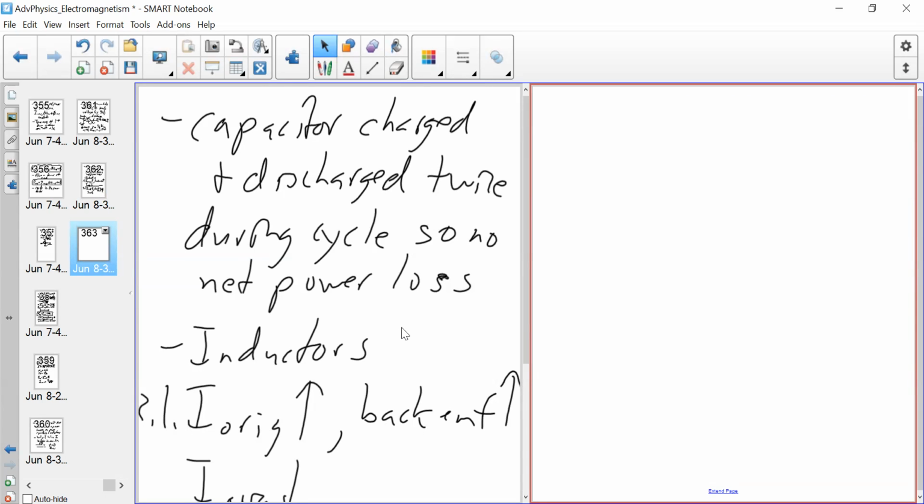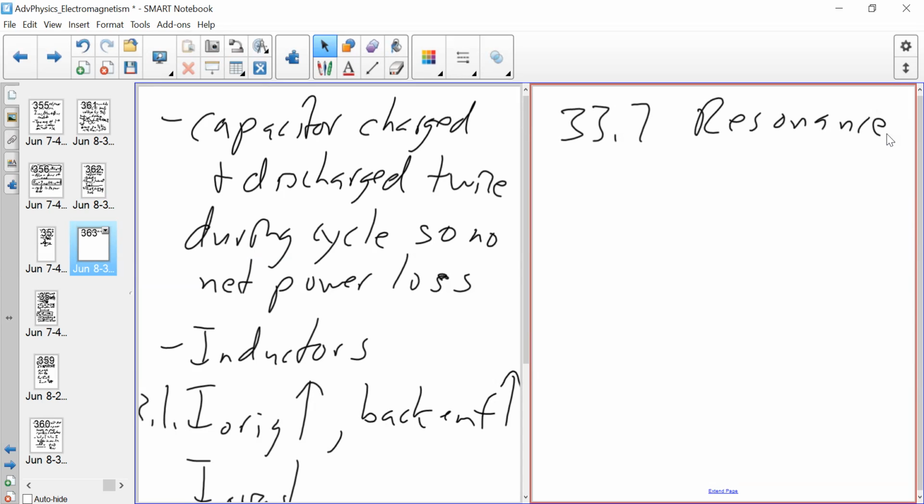And we'll see more about that in our next section here, talking about resonance. So in 33.7, we have resonance in an RLC circuit.